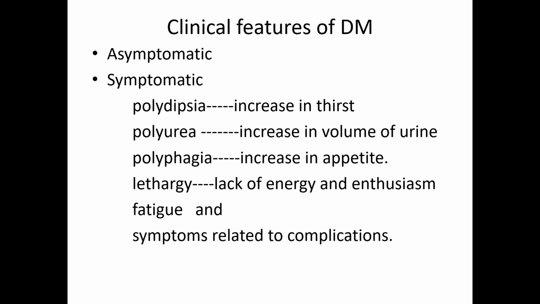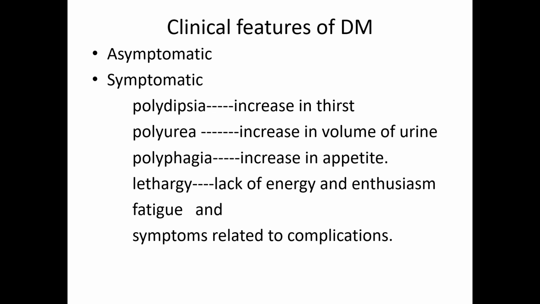So the classical triad is polydipsia, polyuria and polyphagia. Polydipsia means increase in thirst. Polyuria, increase in volume of urine. Polyphagia, increase in appetite. And lethargy, lack of energy and enthusiasm, fatigue. These are the classical features of diabetes mellitus.